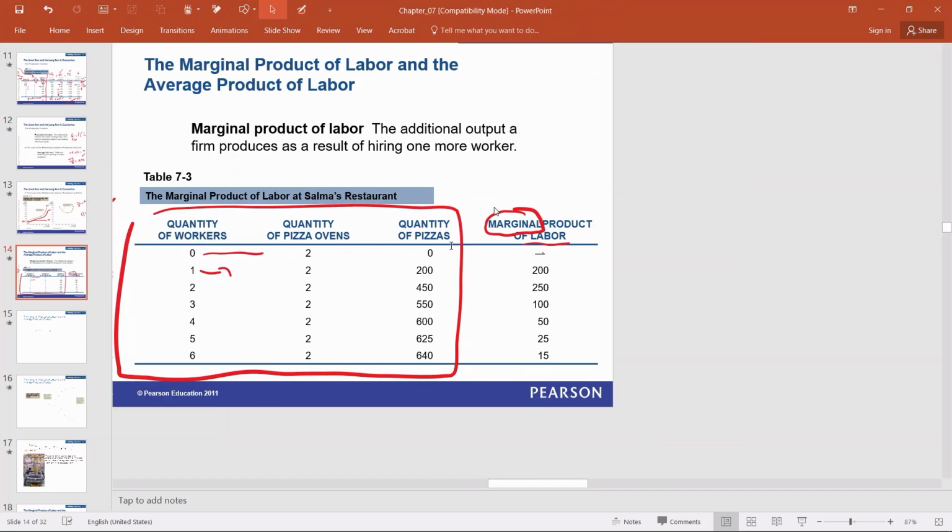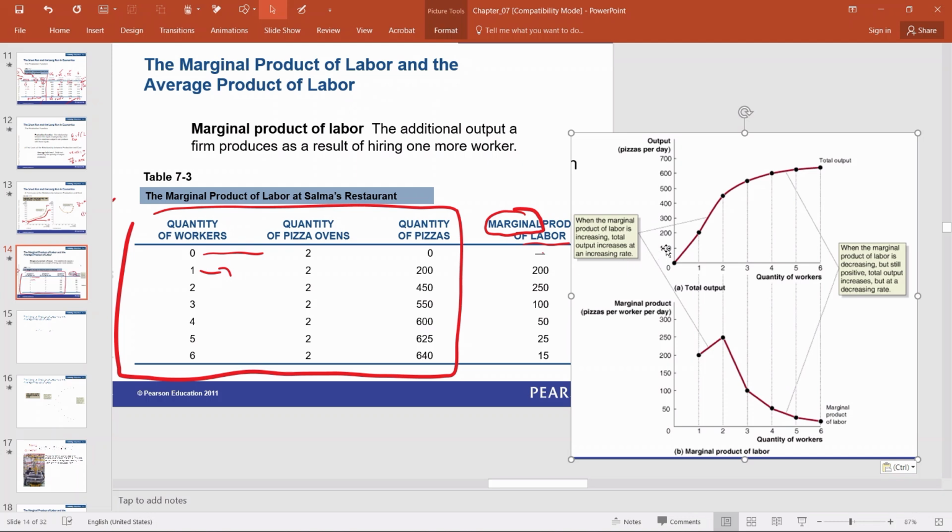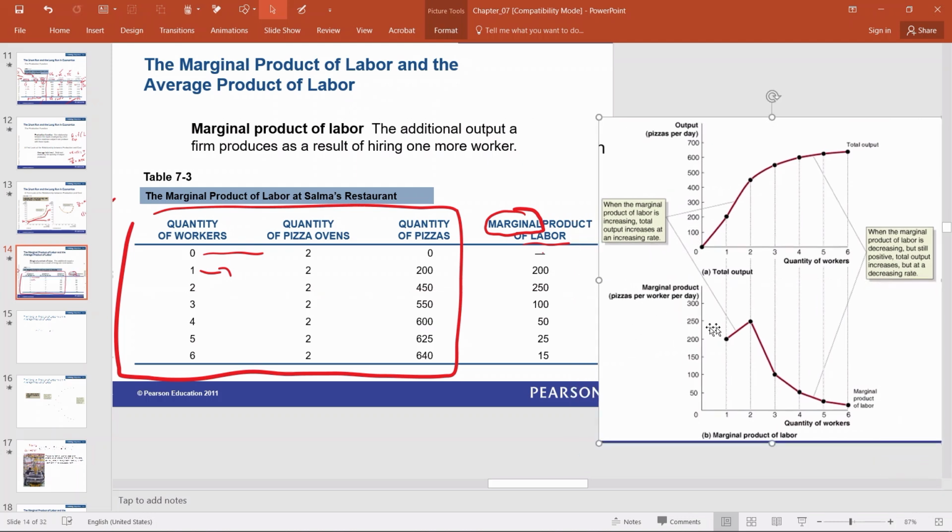So if you draw a graph for total quantities and marginal, you will find this relationship. This curve is what we drew before, which is total quantity or total output in relation to the number of workers, one input.